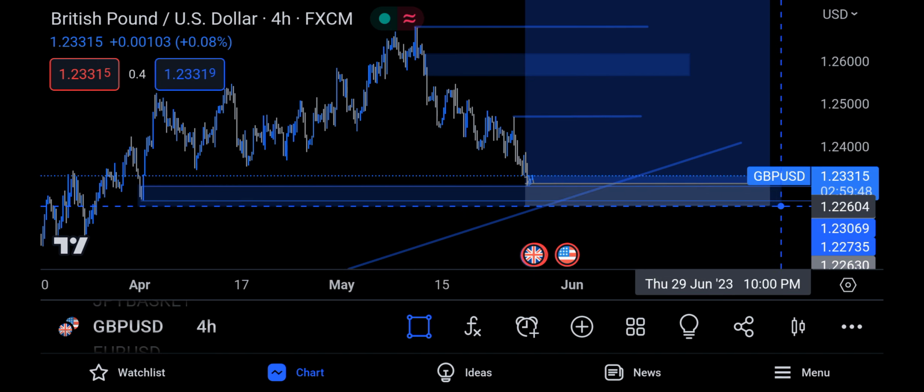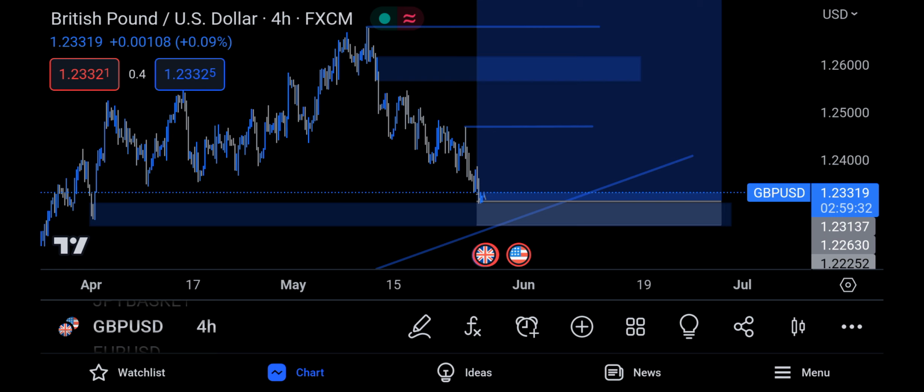Okay, so I'm making this analysis in the Asia session, and this is GBPUSD.